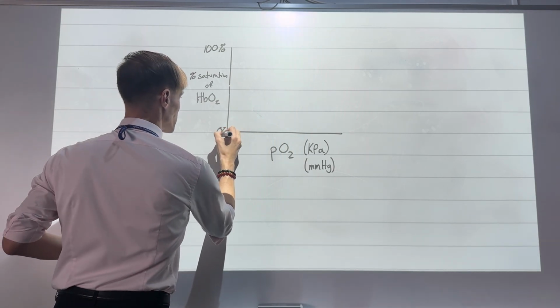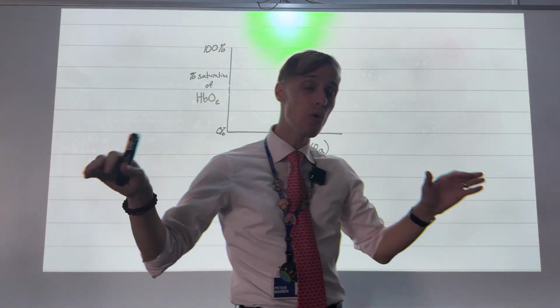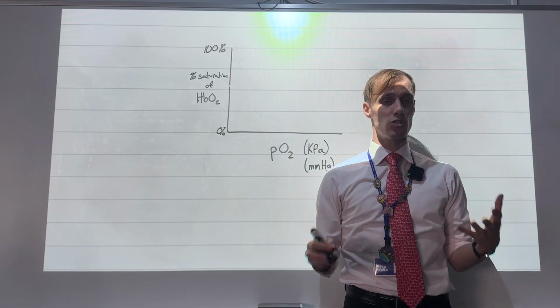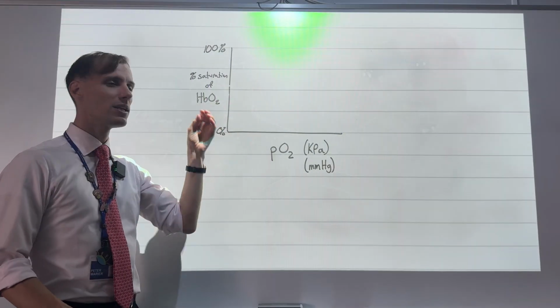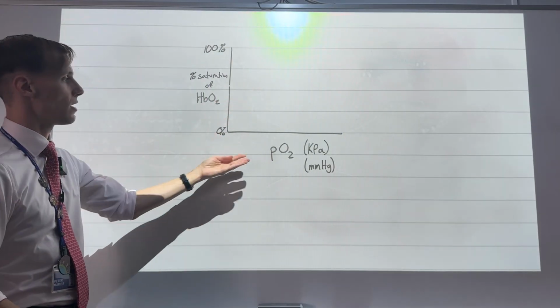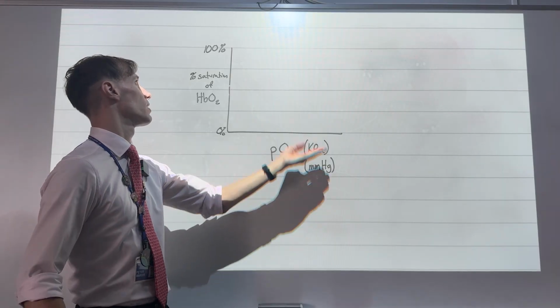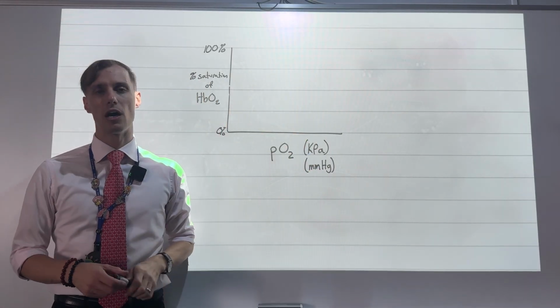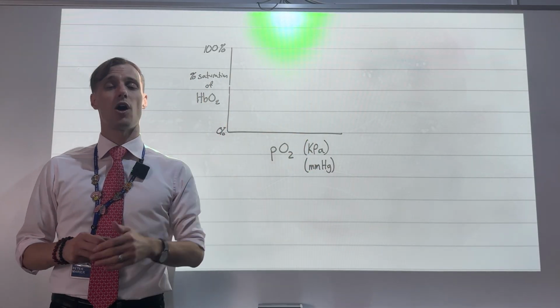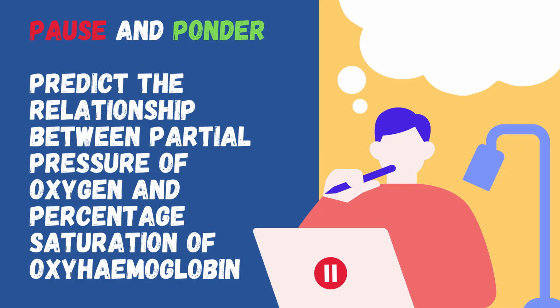At 0%, it means no hemoglobin molecules are bound to oxygen. So what is the relationship between the partial pressure of oxygen and the percent saturation of hemoglobin that's bound to oxygen, or oxyhemoglobin?